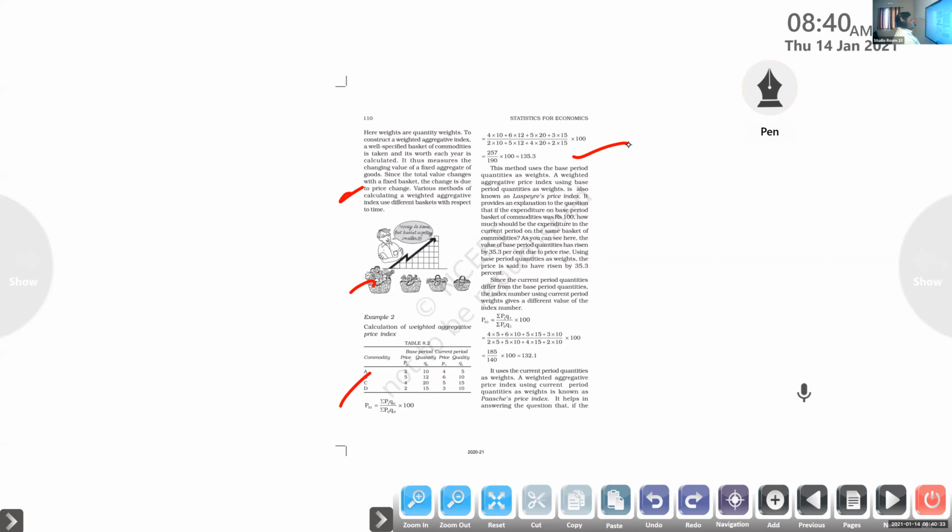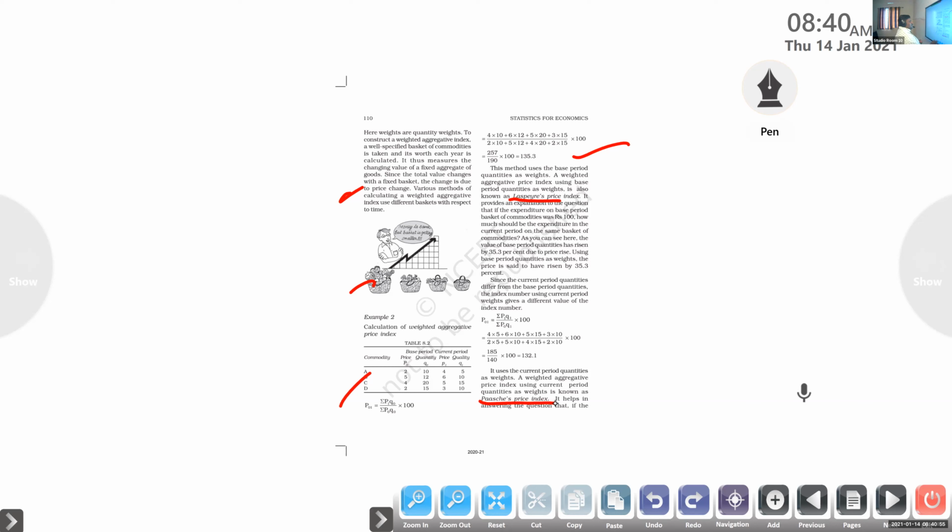This calculation is completed. So come back to example 2, calculation of weighted aggregative price index. 2 methods are there: the first one is Laspeyres price index, the other one is Paasche price index. So we know the difference between these 2. It is important for the examination.